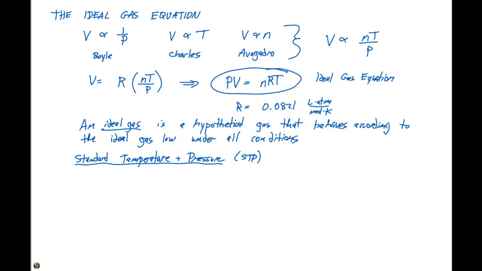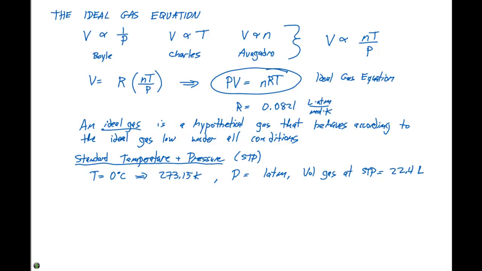And you're going to see many problems that reference STP, and at STP our temperature is going to equal 0 degrees Celsius or 273.15 Kelvin. Our pressure is going to be 1 atmosphere, and the volume of a gas at STP is going to equal 22.4 liters.